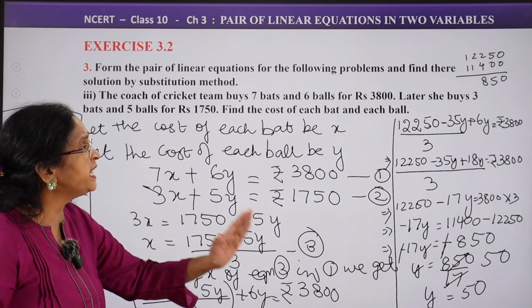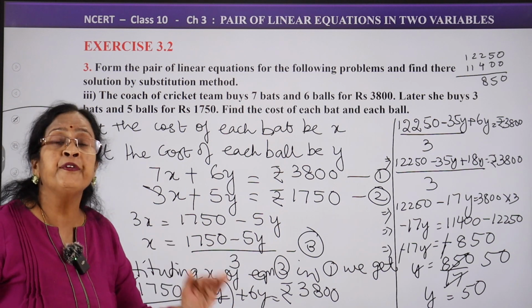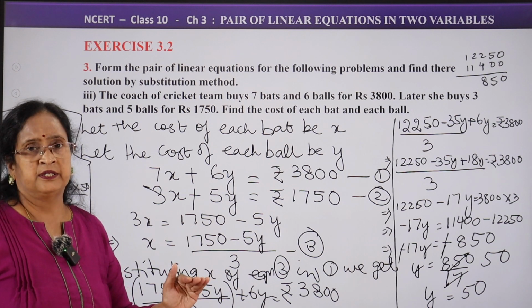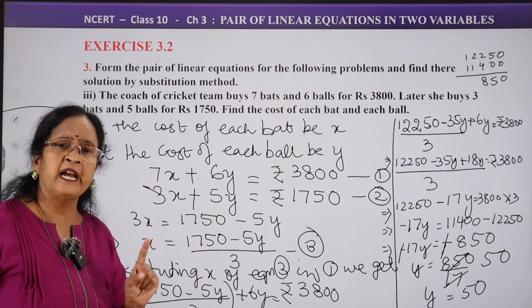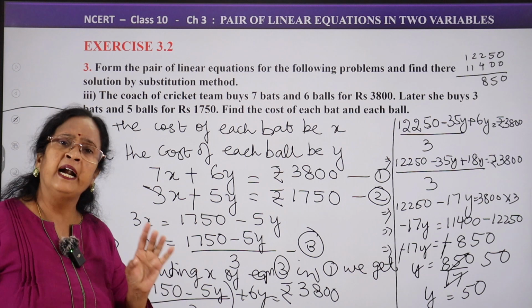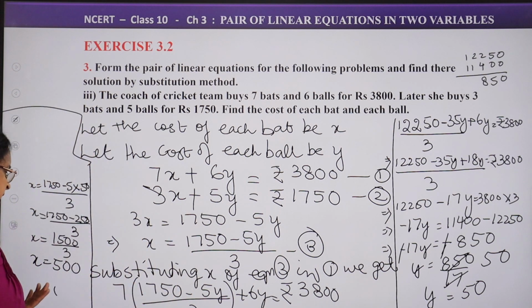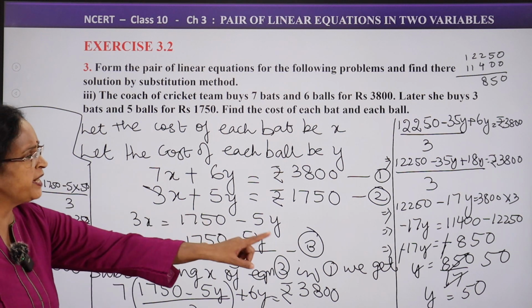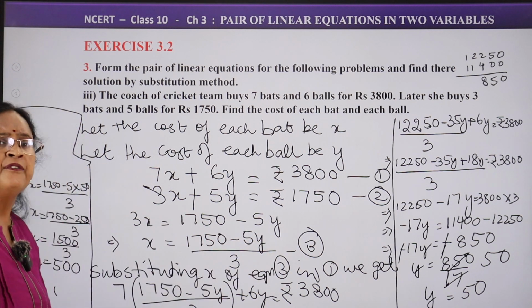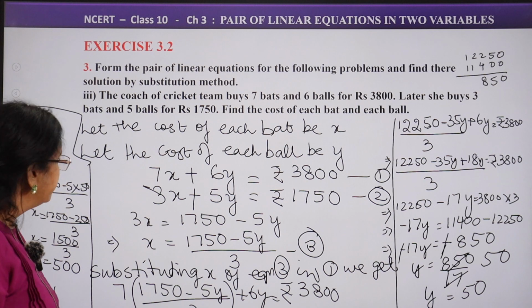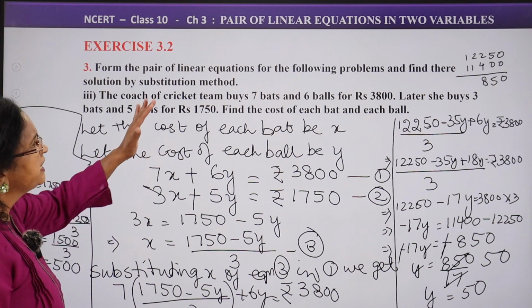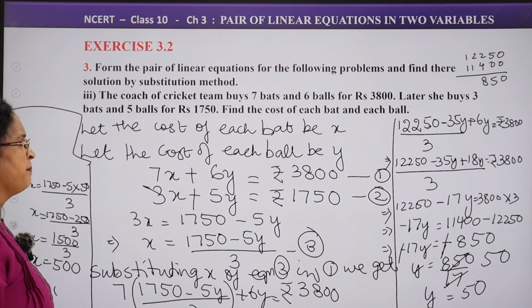And the cost of each ball is 50 rupees. The last statement is very, very important: the cost of each bat is rupees 500 and the cost of each ball is rupees 50. So this is how we solve this sum.